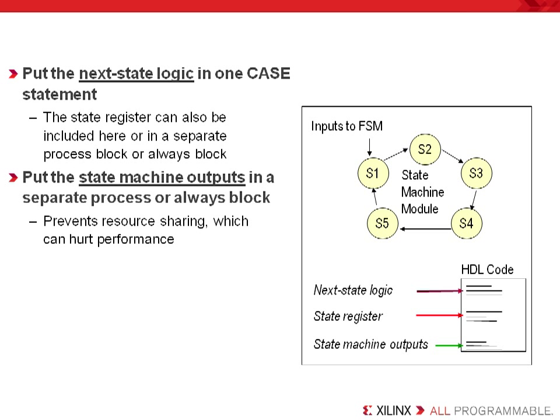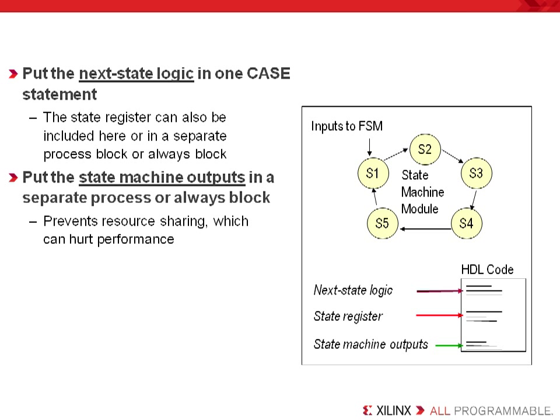The first recommendation is to always keep the next state logic and the outputs of the state machine in separate process or always blocks. When this happens, the largest and most complex finite state machines will yield better performance since resource sharing is prevented. Note that the state registers can be in the same process as the next state logic, but if your finite state machine is large, it might synthesize better if it is separated.